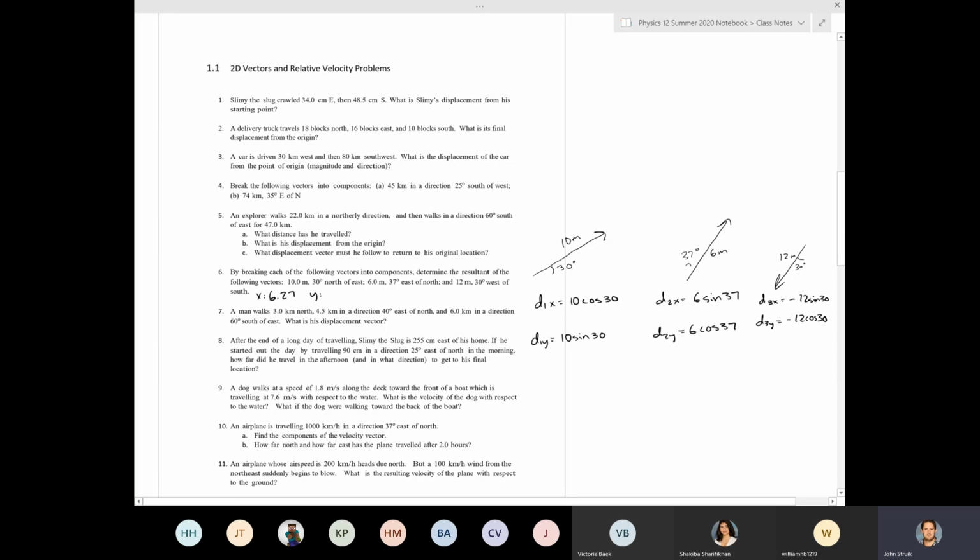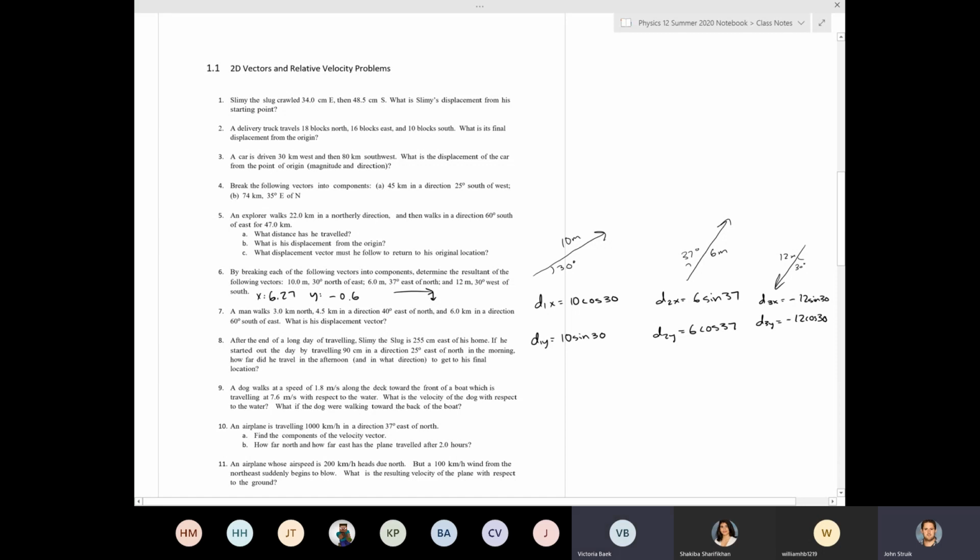And for the y, you would get 10 sine 30 plus 6 cos 37 minus 12 cos 30, and that's negative 0.6. And then you could add those together. So that's 6.27, this is negative 0.6, and then figure out the resulting vector.